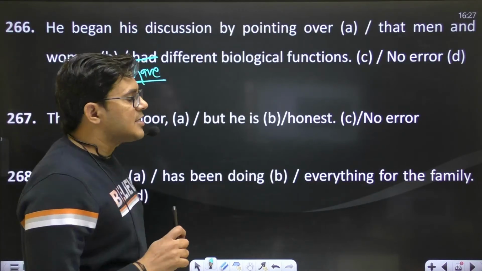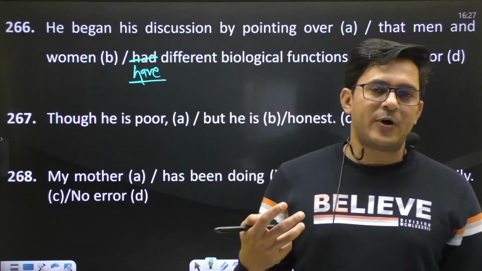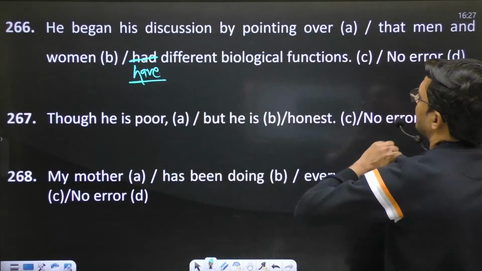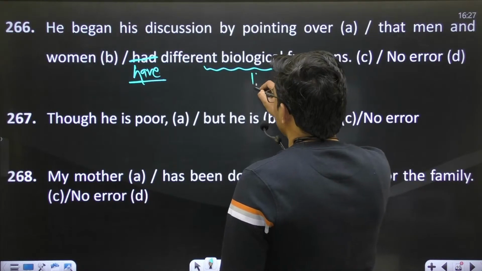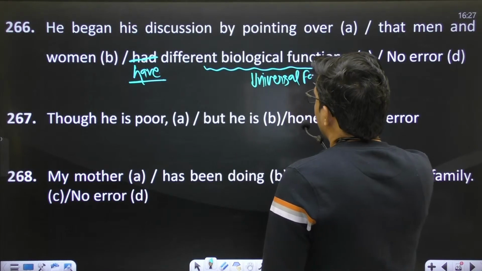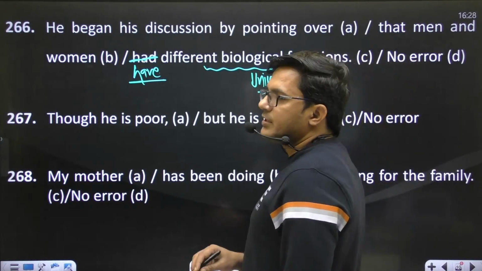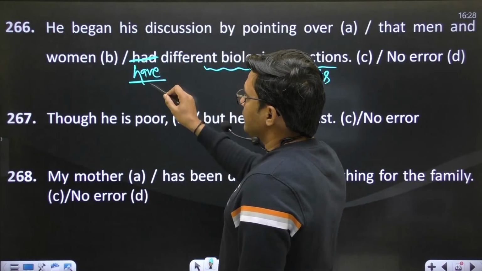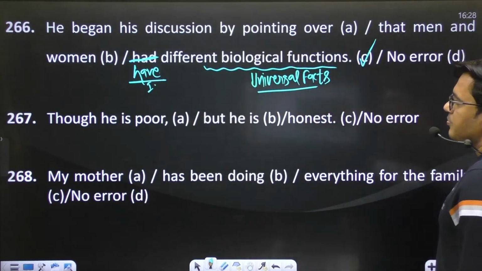In this sentence we are talking about a fact, a universal fact, right? All universal facts come under the present indefinite tense, simple present tense. That's why in place of had, the first form have will be there, right? So you have an error in part C.